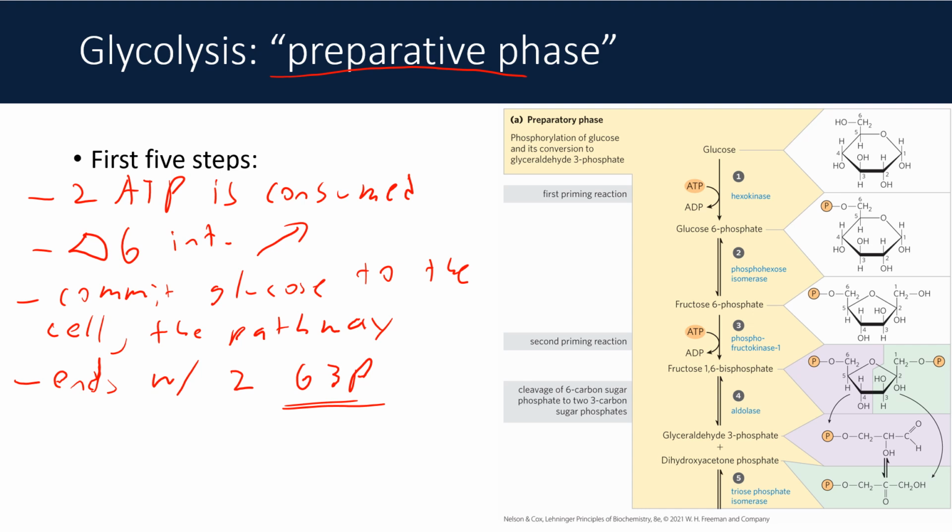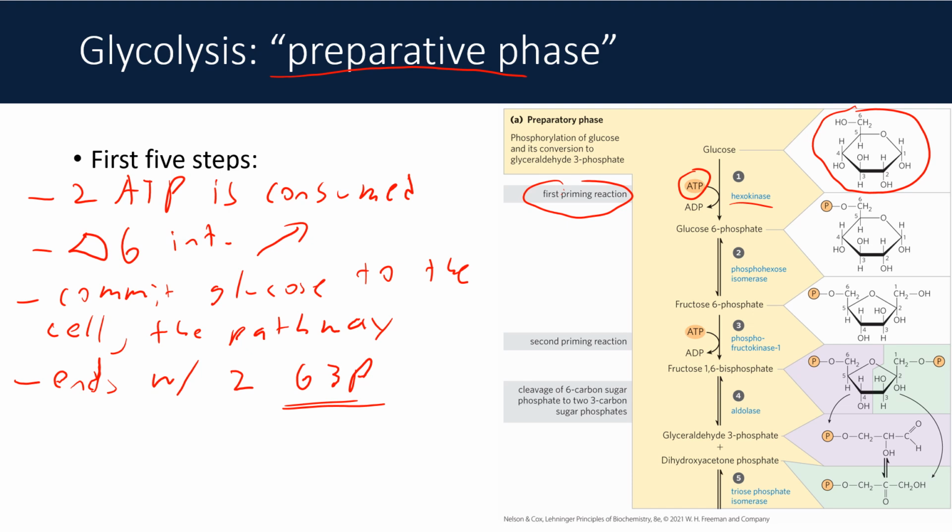But we will begin with regular old glucose, and we will be adding in hexokinase, which will conduct our first priming reaction by phosphorylating it. This is where the first of our 2 ATPs will be spent. You gotta spend energy to get energy.